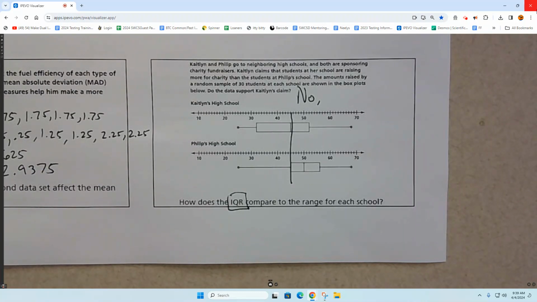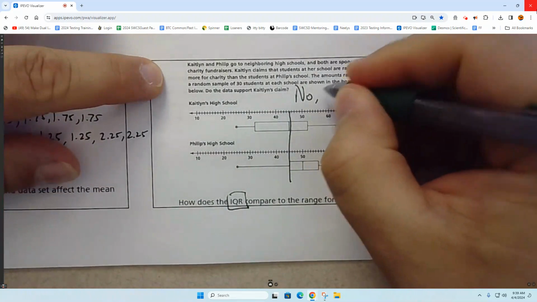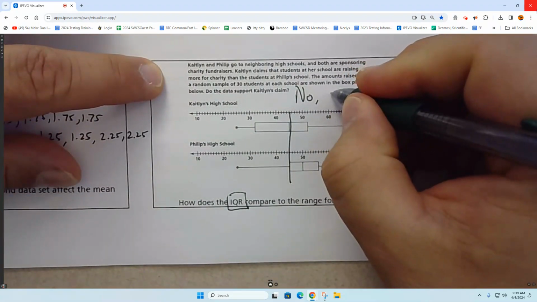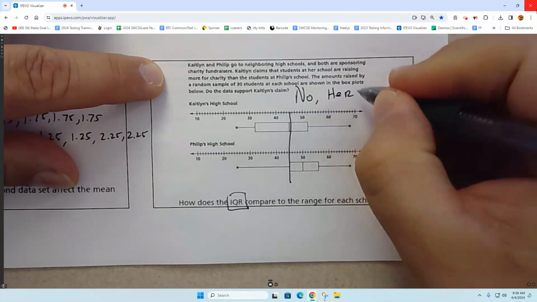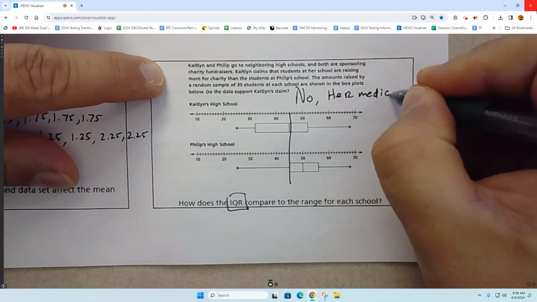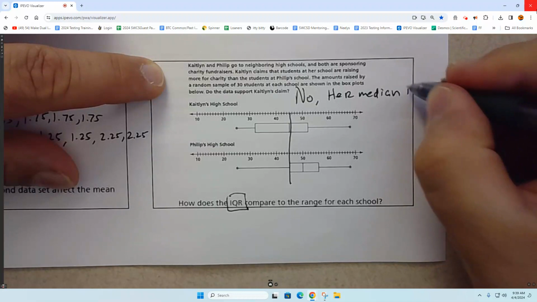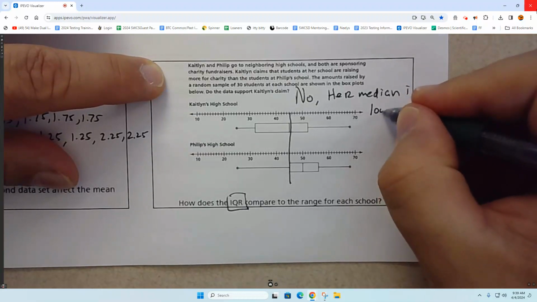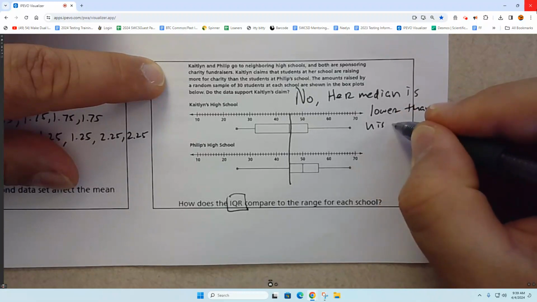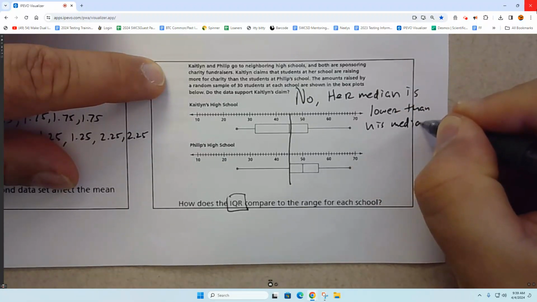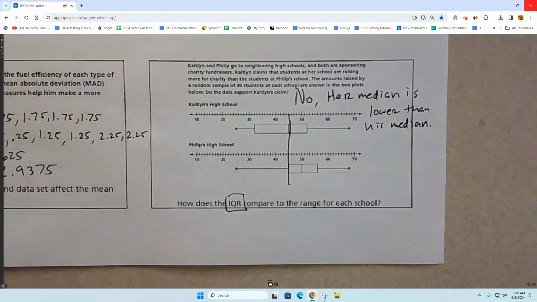Okay. So, and we can say that about his median. Her median is lower than his median. But that's where you got to be careful with who's giving you the information.